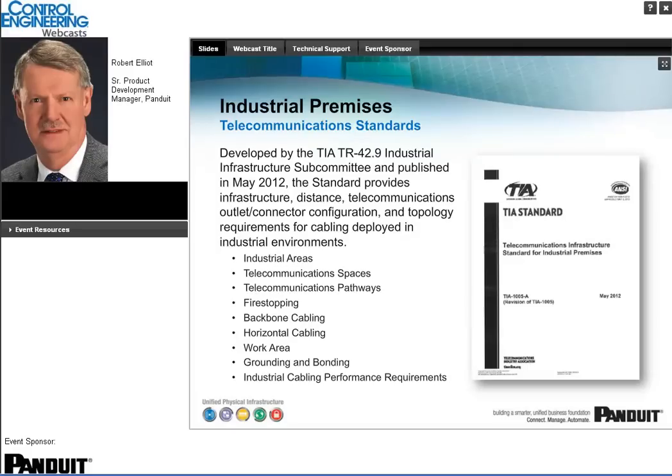So moving on, we talk now about the standards, some of the resources that can be used to design structured cabling networks in the industrial premises.